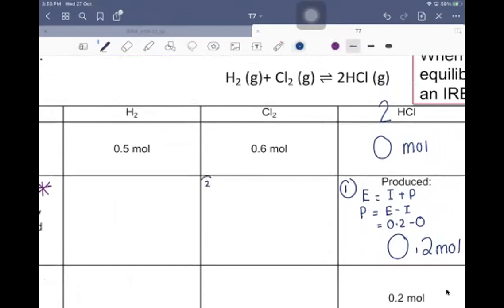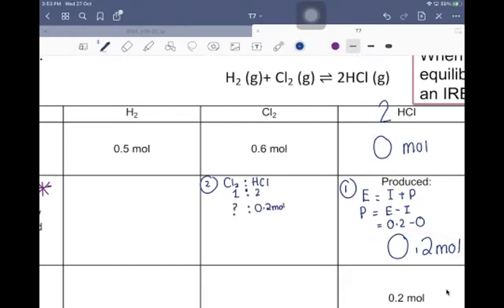Maybe I'll start with chlorine first. I know the ratio between chlorine and HCl. Why do I use HCl? Because I have information about HCl. The mole ratio between chlorine and HCl is 1 to 2. Because this is step 2, what if I produce 0.2 moles of HCl?